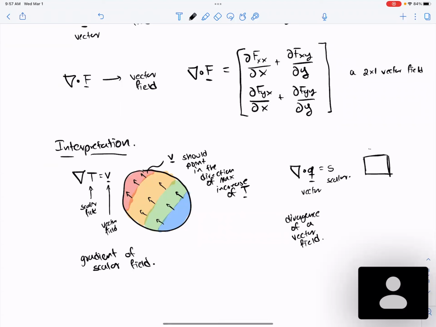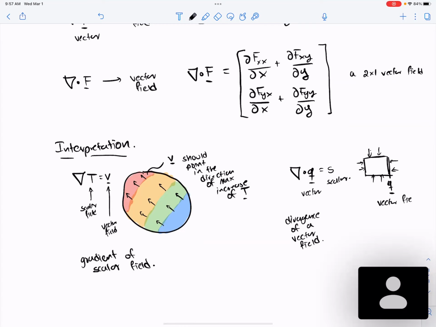If Q is the vector field associated with some flux, and you take the divergence of that vector field at some small patch, that will give you a scalar.